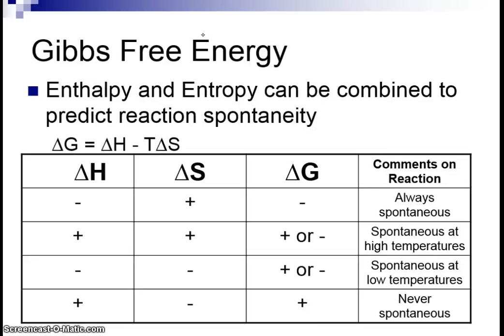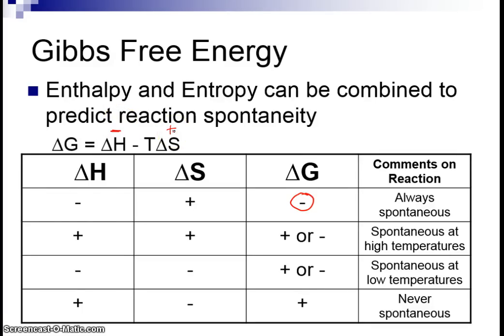And so if delta H is a negative number and delta S is a positive number, and temperature is always going to be in Kelvin, so temperature is always a positive number. If this is negative and we multiply a positive number times this, so we have minus and then we're subtracting another positive number, our delta G in this case has to be negative. And therefore, a reaction that's exothermic with an increasing entropy will always be spontaneous.